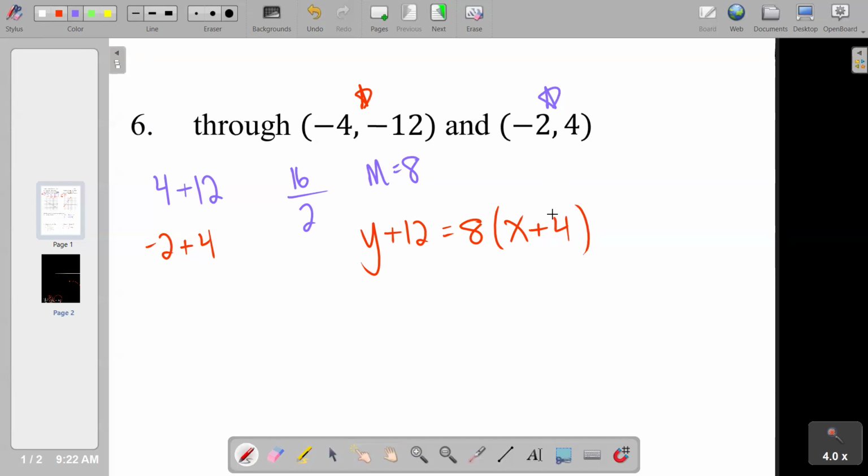I know that Bella likes the points that have the smaller numbers on them. I talked to her about this earlier. And so she's going to have y minus 4 equals, and then her slope is still going to be 8. She and I agree on that. And then inside, she's going to have x minus -2, right? Any questions about that?